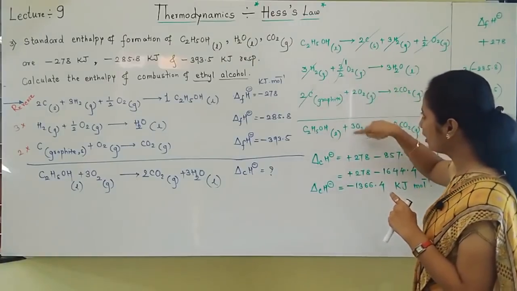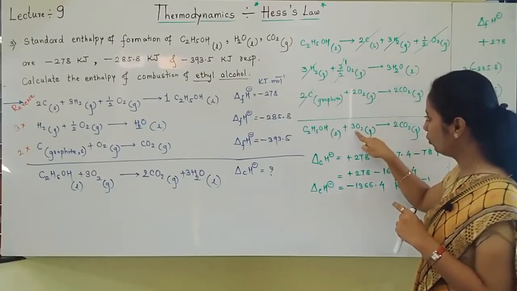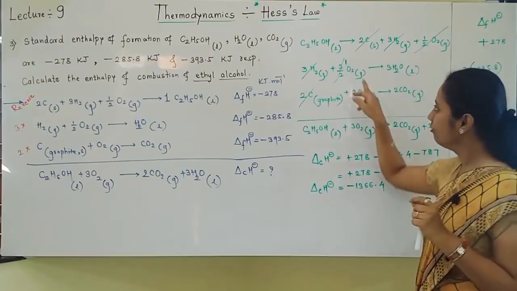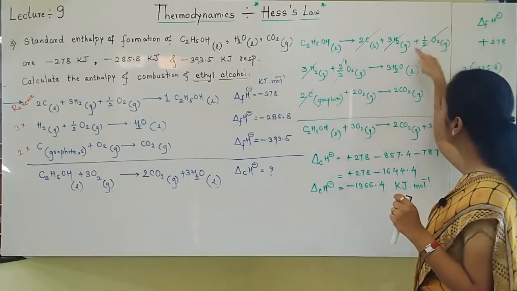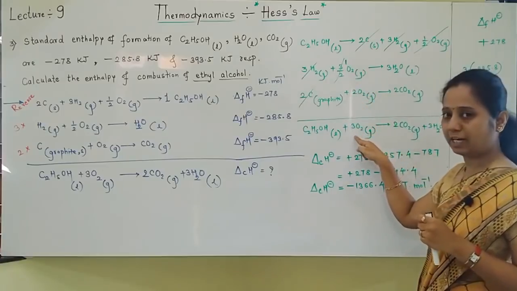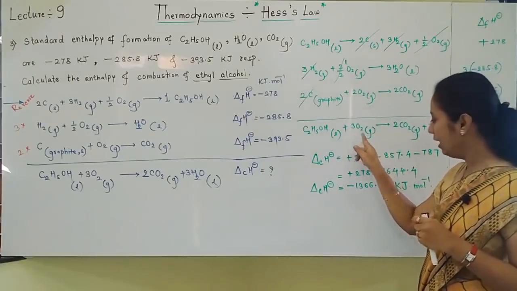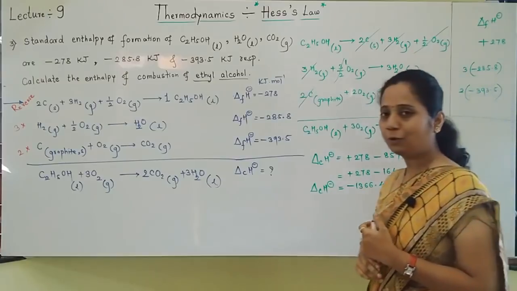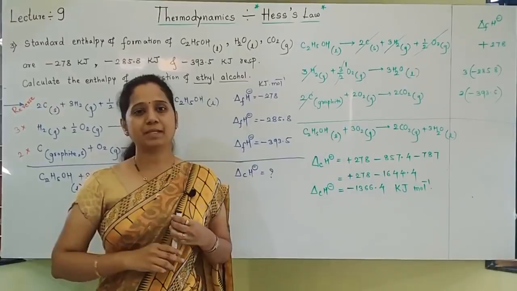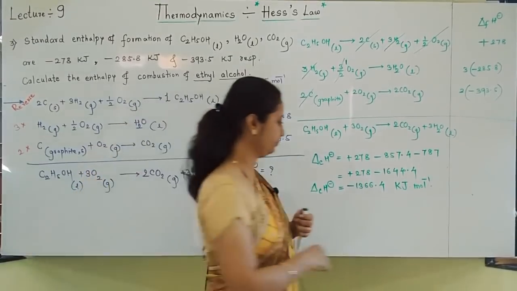And finally in the equation I wrote 1 plus 2, total 3 oxygens. Finally only half oxygen gets cancelled, and the remaining 3 oxygens you should write as it is. And you should get this answer. I hope you might have got the answer. Let us solve one more problem based on Hess law.